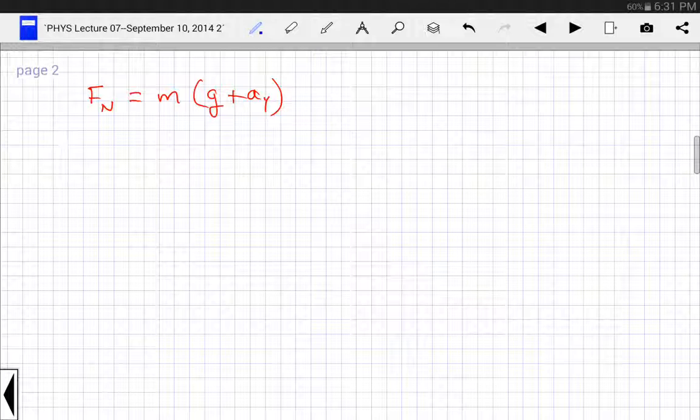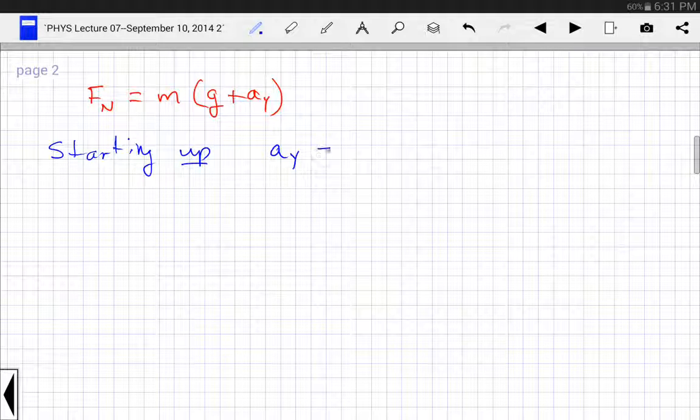So let's say starting up. If it's starting up, it said that it's going to have an acceleration in the y direction that's upward of 1.0 meters per second squared.